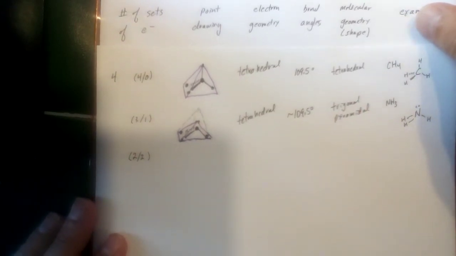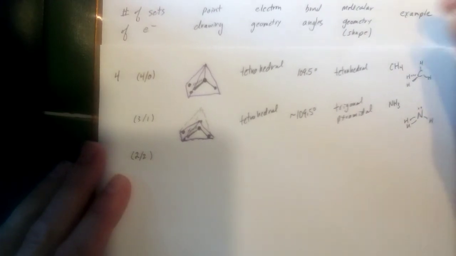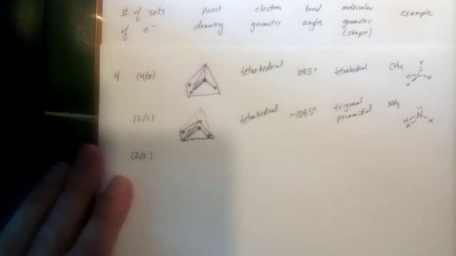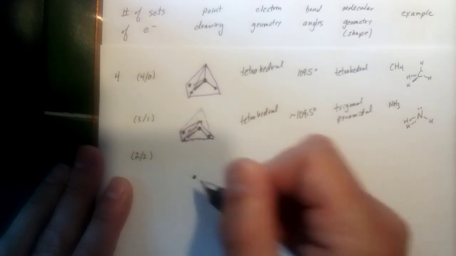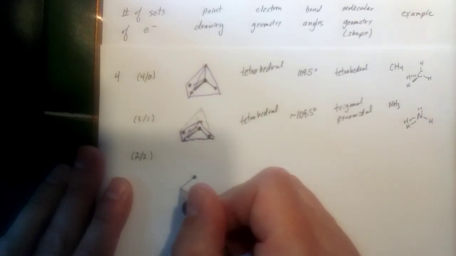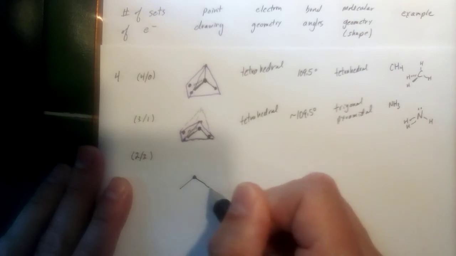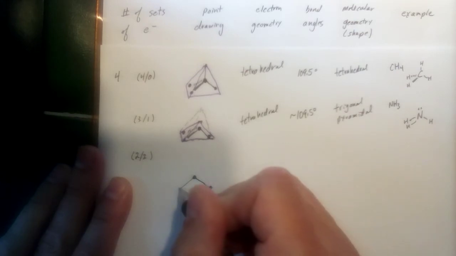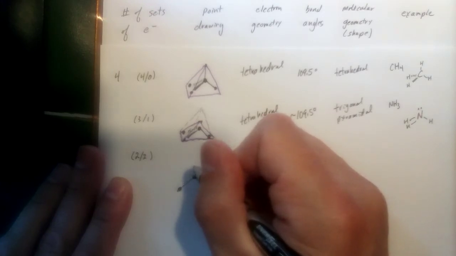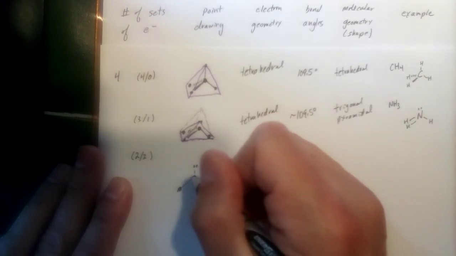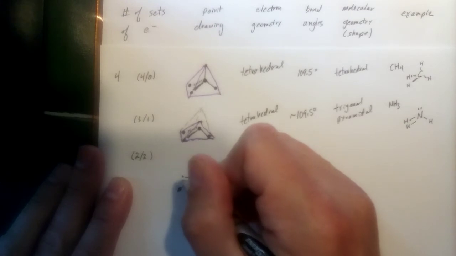Okay, one more example for 4 sets of electrons is 2 and 2. So again, if I just build off that original picture, but I just keep 2 of them, and the other 2 would be lone pairs. So kind of lone pair there, and I'm using a little line here to represent where the lone pairs are.